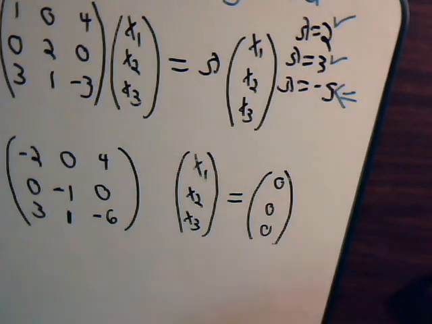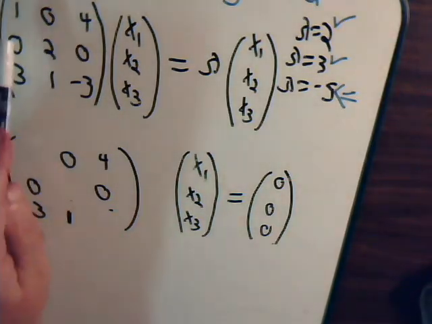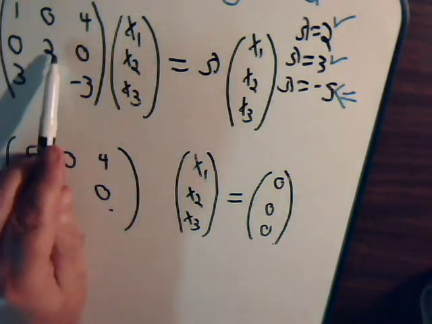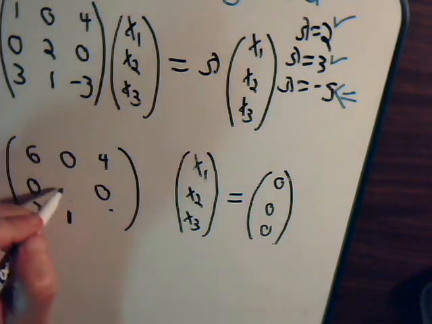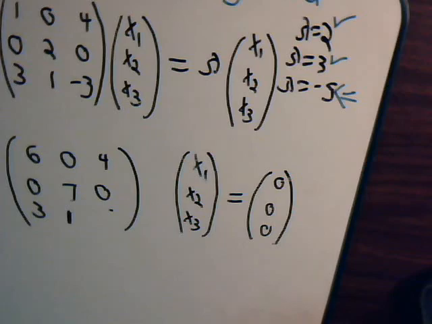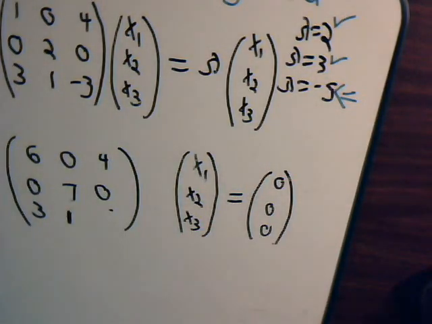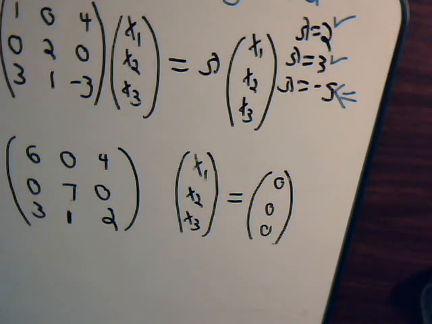And now we're going to have, for these entries, 1 minus -5, that gives us +6. 2 minus -5, that gives us +7. And here we have -3 minus -5, that should give us +2. Okay, and this times this vector we want to come out to be equal to 0.